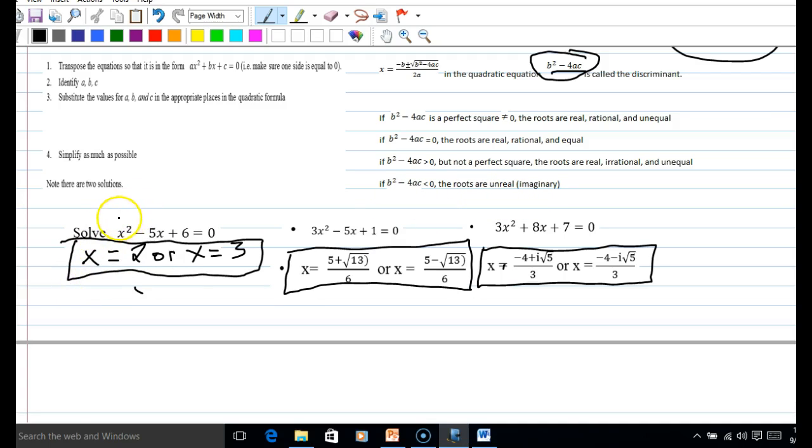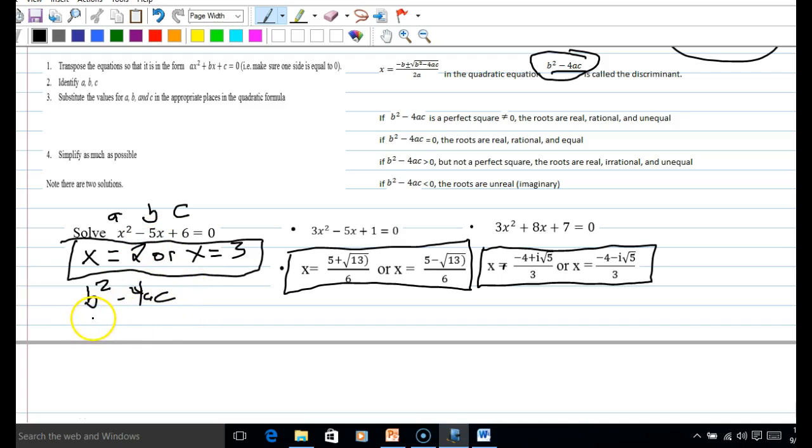So if we look at the quadratic formula, which is in the form ax squared plus bx plus c is equal to 0, and you examine the discriminant, which is b squared minus 4ac, that will basically tell you what type of solution you have.